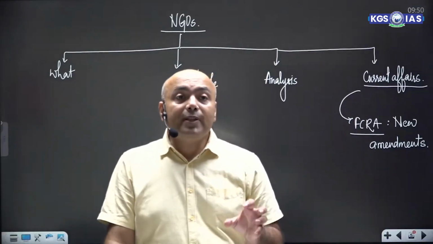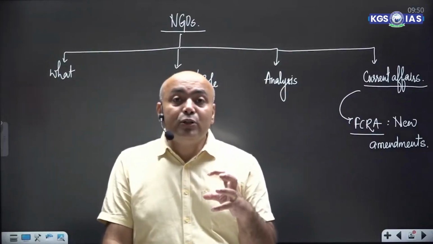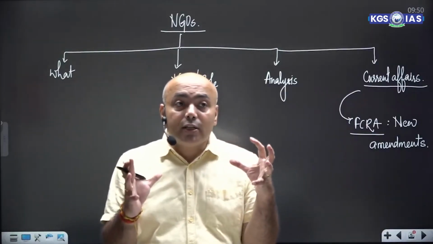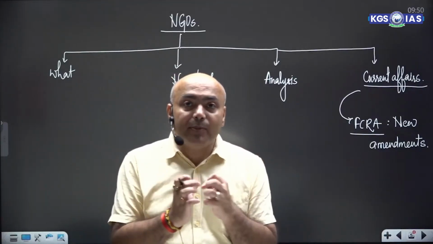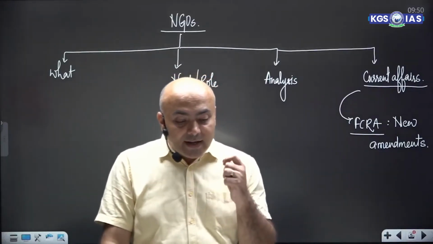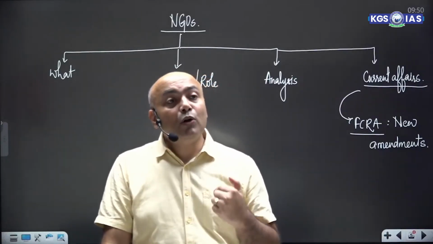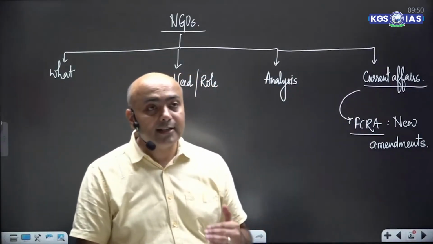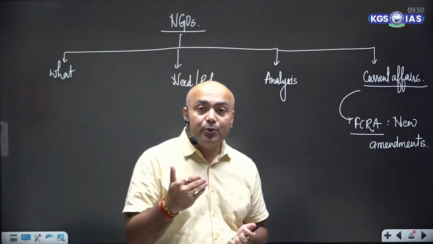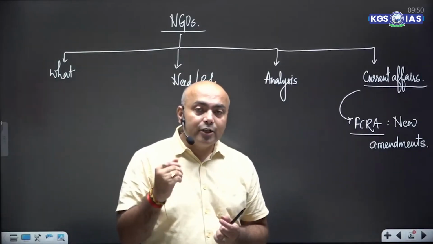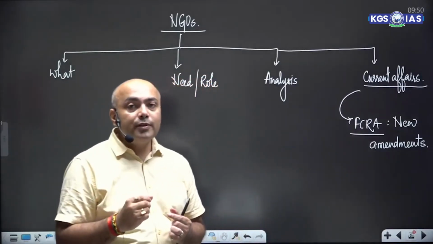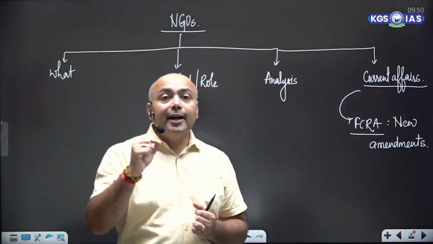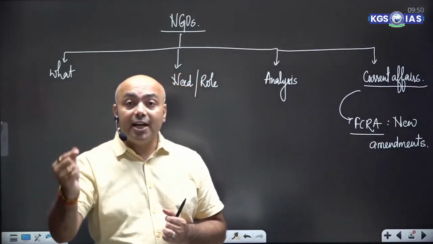Why? Because the government is trying to come up with further stringent measures, so that foreign contributions that the NGOs are getting should not be used against the government's development agenda.